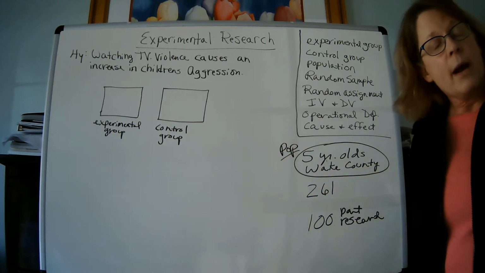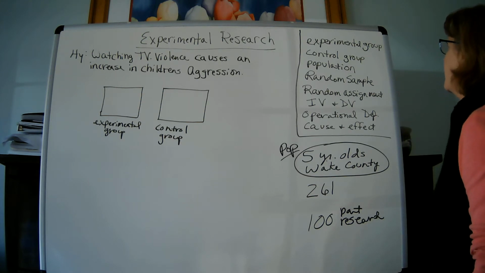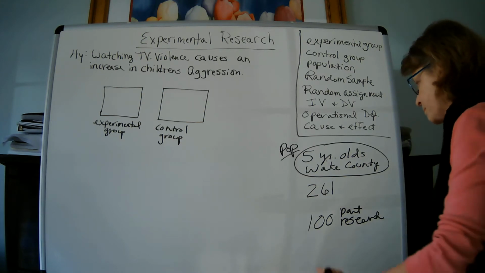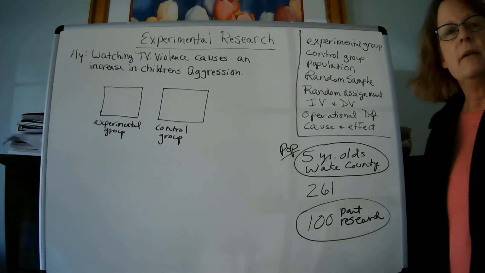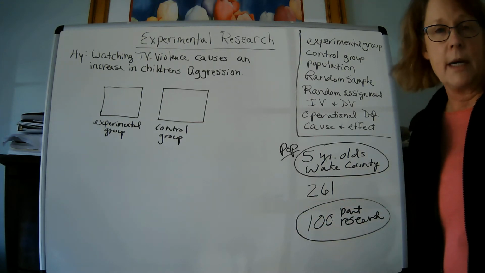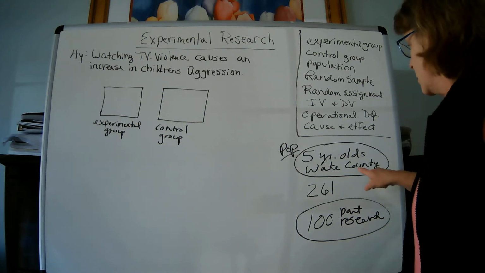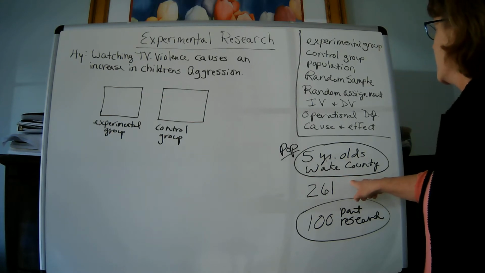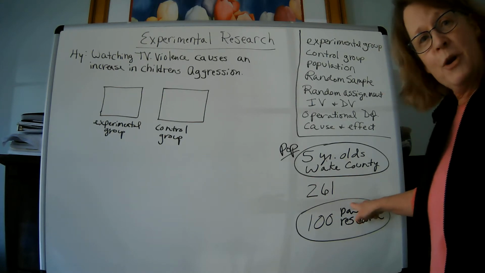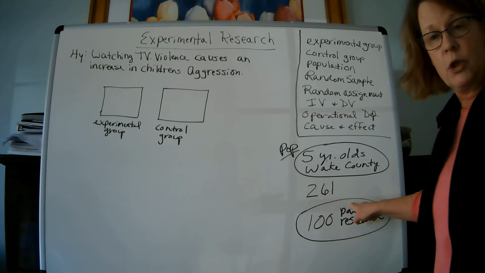Now, from the population, we draw the random sample. And the random sample is going to be the individuals who are actually in your study. Please make sure that you know the difference between population, who you draw your participants from, and your random sample, who is going to be the individuals that are actually participating in your research.